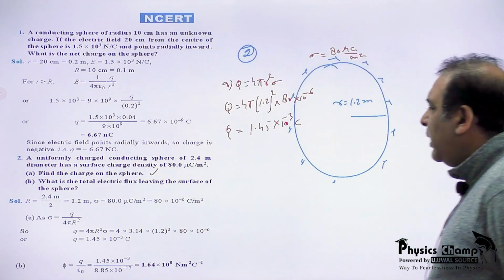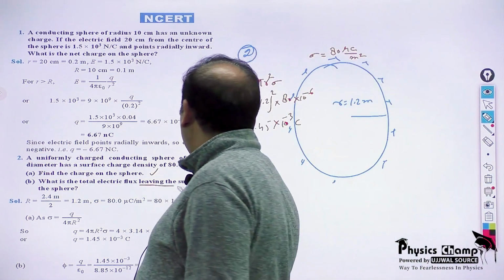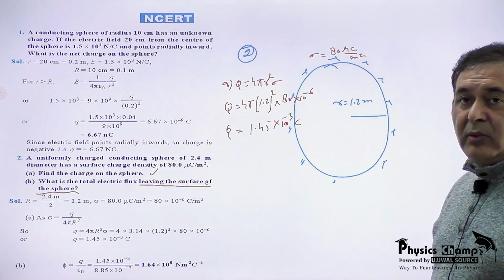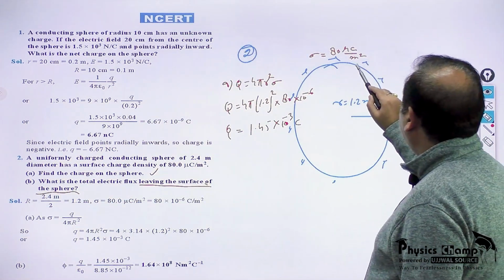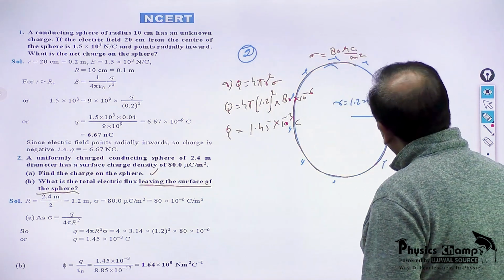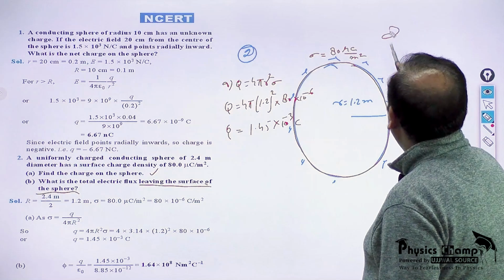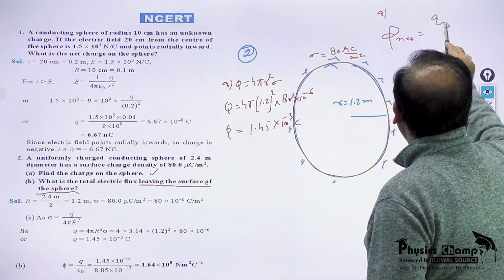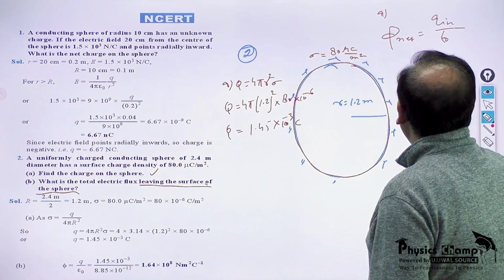What is the total electric flux leaving the surface of the sphere? So we know if the surface of the sphere itself is considered to be a Gaussian surface, net flux is equal to what? Charge inside by epsilon naught.